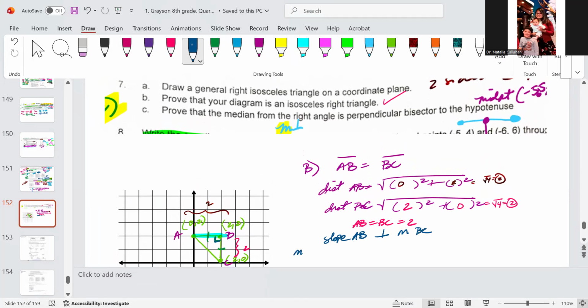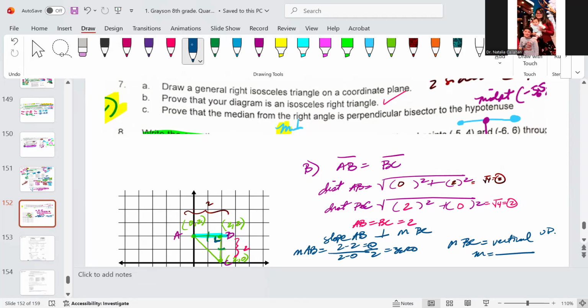So slope of AB, y, 2 minus 2 equals 0, right? 2 minus 0 is over 2. So the slope of AB is 0, right? It's 0. Now take a look at the slope of BC. It's a vertical line, right? Yes. A vertical line is undefined. Isn't that what undefined is?